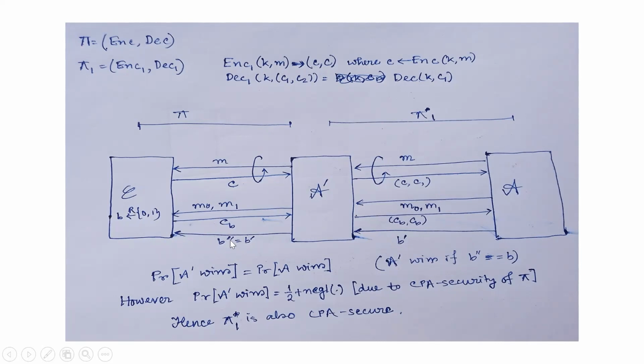So if B is equal to B double dash, that means that A dash wins. So clearly, the game shows that the probability that A dash wins is exactly equal to the probability that A wins. But we already know that this basic scheme pi is an authenticated encryption scheme, that is, it is CPA secure.